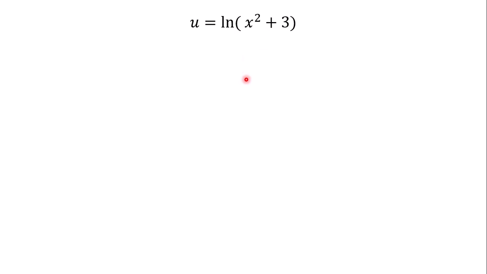Okay, so the derivative of this one, assuming this one is k, and then we differentiate, you're gonna get 1 over, instead of writing the k, x squared plus 3. So you're gonna get 1 over x squared plus 3. Then we multiply by the derivative of x squared plus 3, which is 2x, by 1 over x squared plus 3, and that will give us 2x over x squared plus 3.